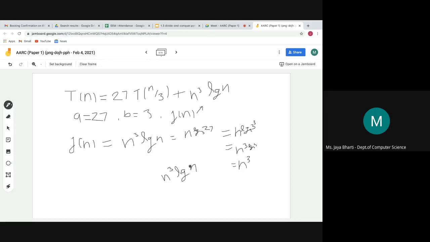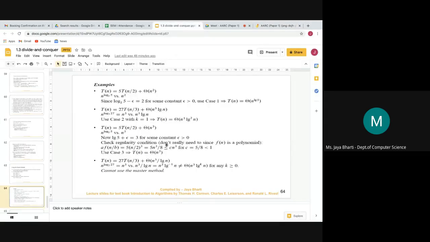Okay, so these two functions are looking ki this part is bigger than this one. Okay, but asymptotically it is not. Asymptotically these two are equal. Okay, kyunki uske liye hamein kya hona chahiye? It should be in the terms of n to the power epsilon always.